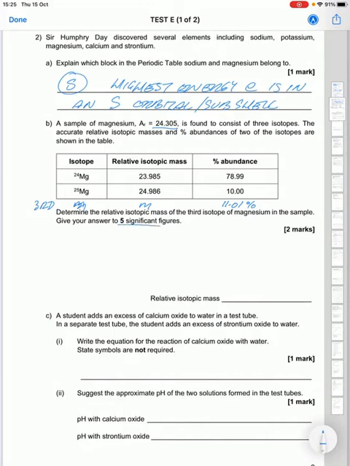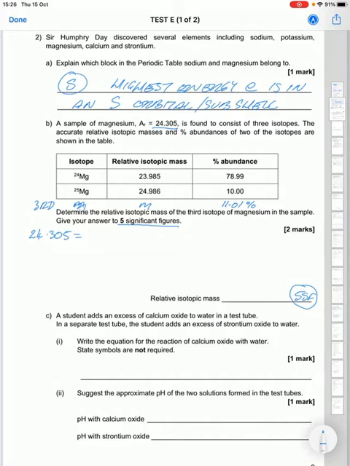I've got to give my answer to 5 significant figures, and that's something I'm likely to forget. So before I do the calculation, I'm just going to write myself a little note down here that I've got to give my answer to 5 significant figures. And I now just work this out. So the relative atomic mass is 24.305.